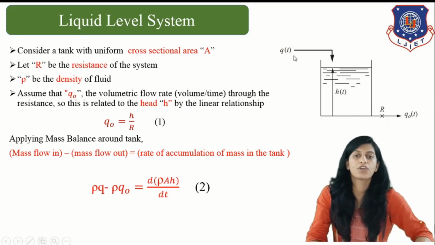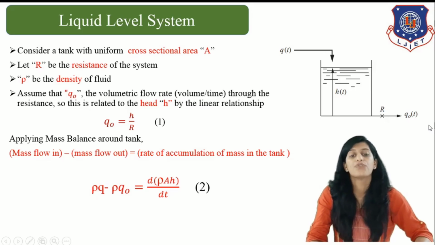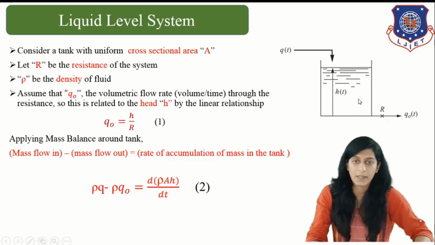Input flow rate q(t) is the inlet volumetric flow rate, q0(t) is the outlet volumetric flow rate from the tank. The height of liquid inside the tank is h(t), right, and R is the resistance which is offered to the outlet flow rate.